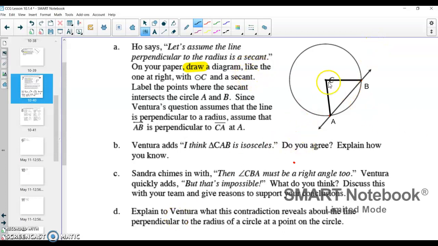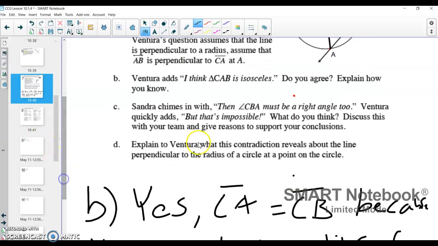And then Sandra jumps in and says CBA must also be 90 if that's isosceles, because in an isosceles triangle, angle B has to be the same as angle A because they create the same length. But Ventura says that's impossible, that we have two right angles in a triangle.